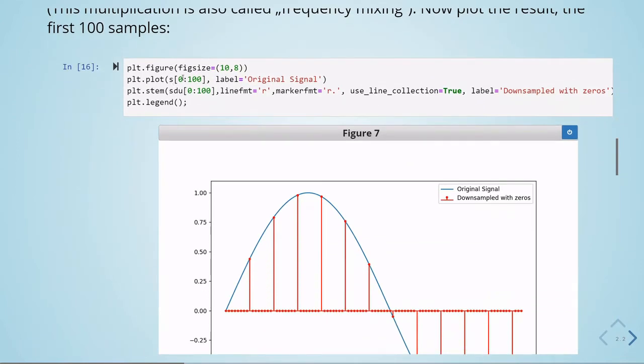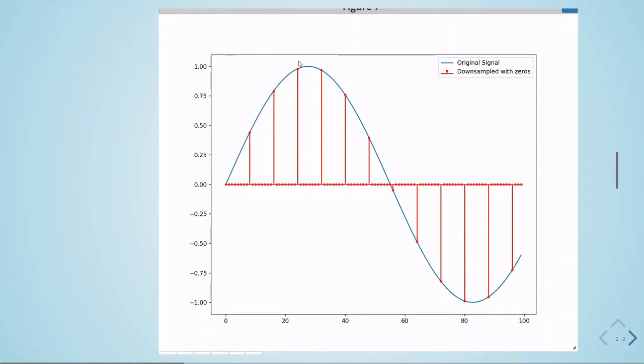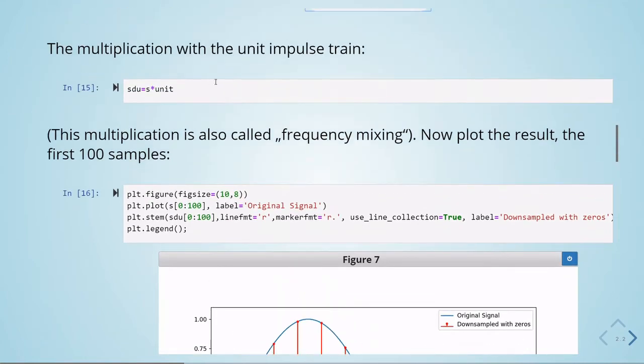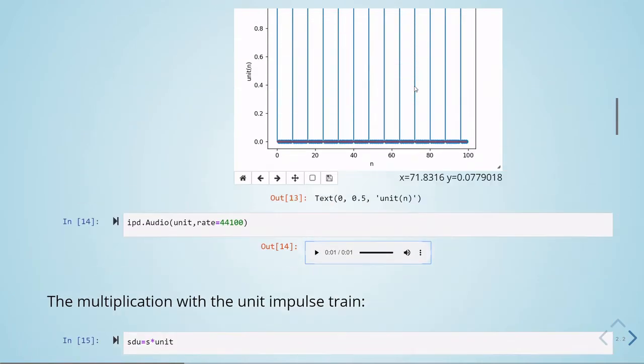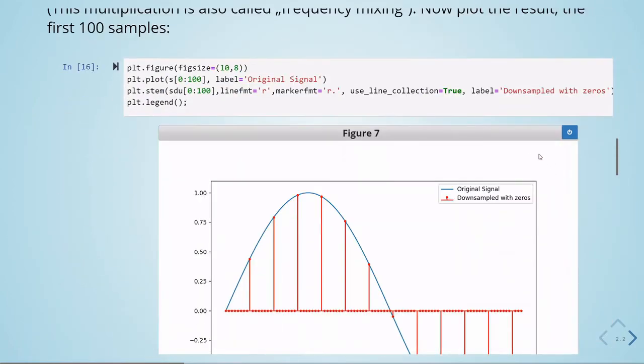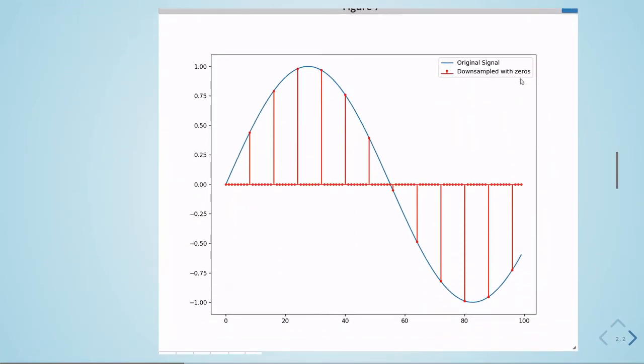So this is our original signal in blue, the sine wave. Now we're multiplying this signal with this unit impulse train.